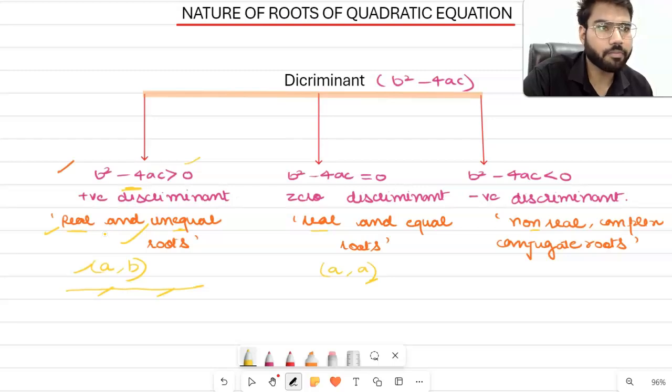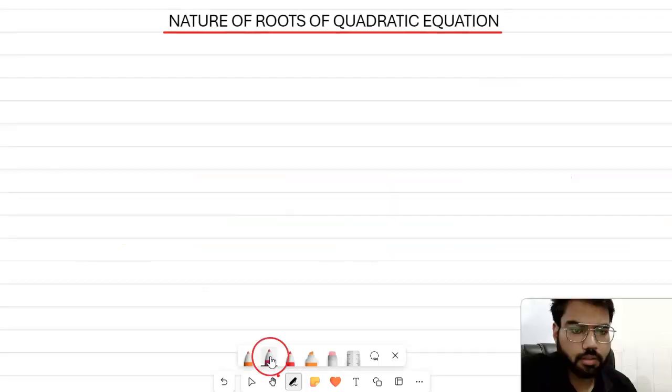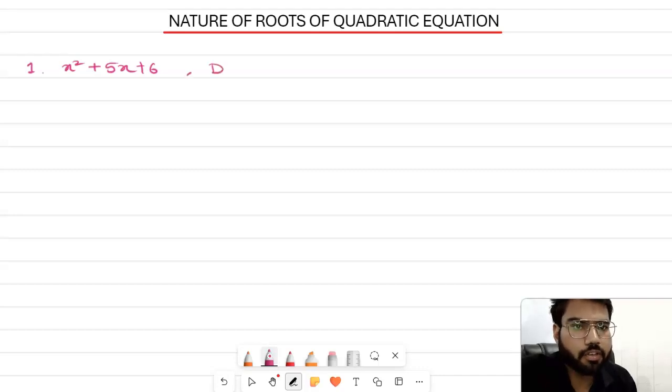Now we will see some examples for each of these cases. Let us consider example number 1. Let's say the quadratic equation is x square plus 5x plus 6. First of all we will find the value of discriminant for this quadratic equation.